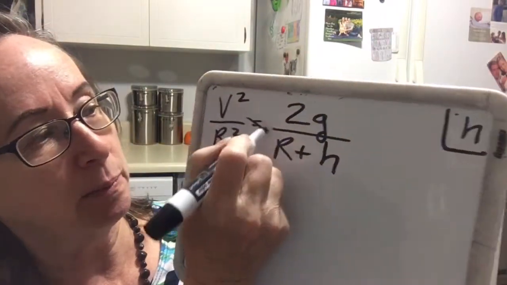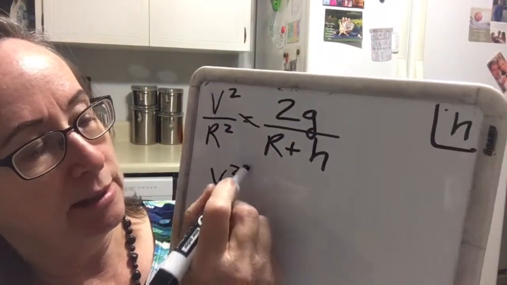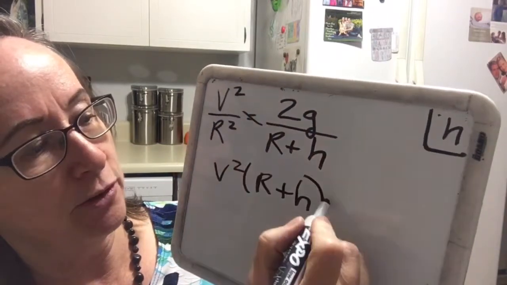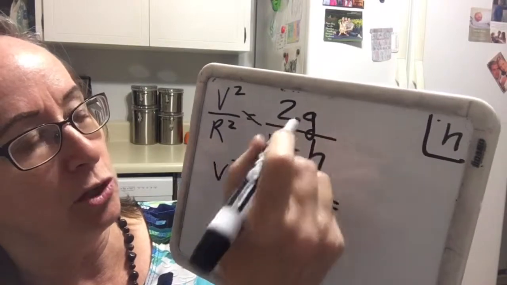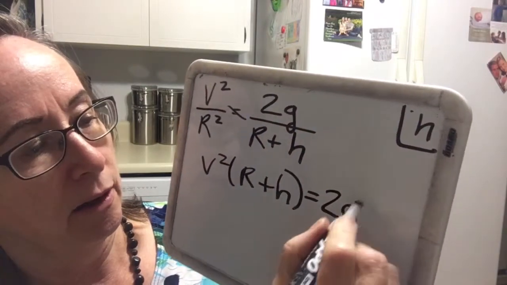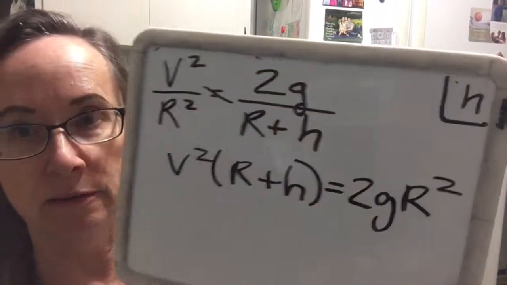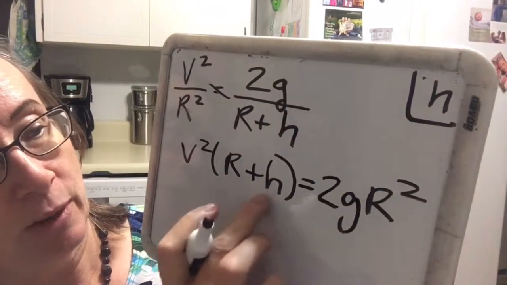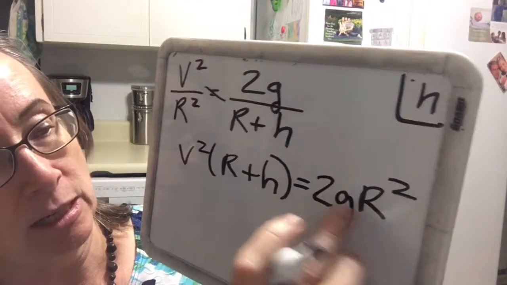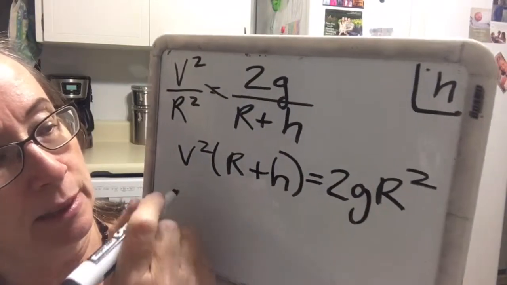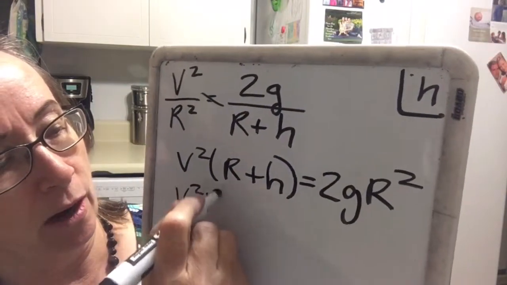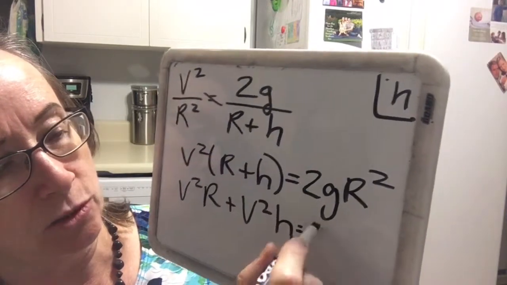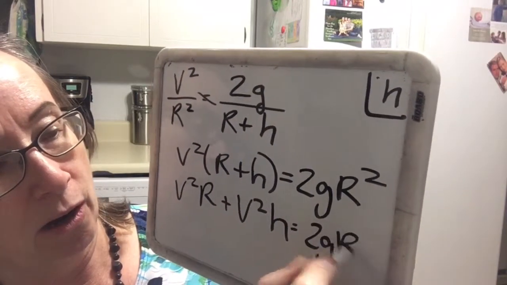So when I cross multiply, I'm going to get V squared times R plus H. And on the other side, I'm going to get 2G R squared. Okay, so now I'm going to try to get H by itself. There is no H over here, so we're going to get V squared R plus V squared H is 2G R squared.